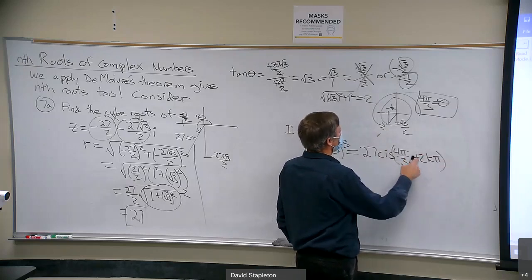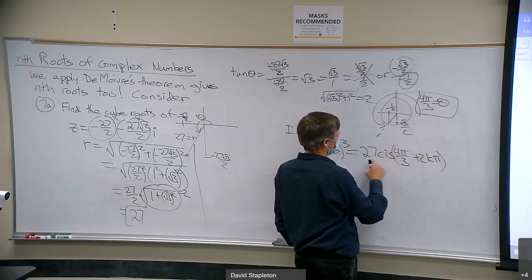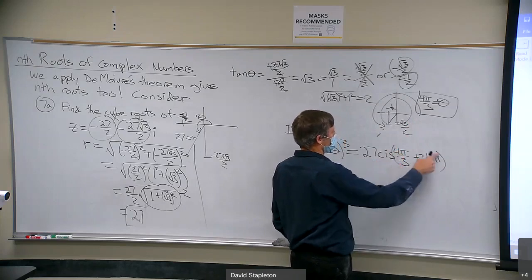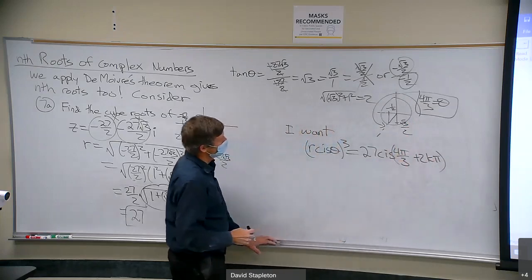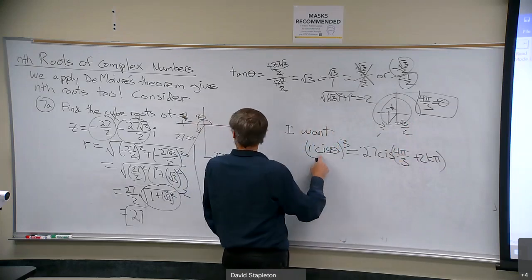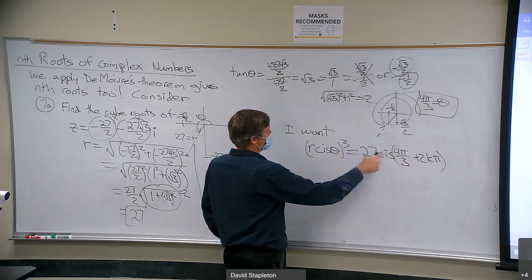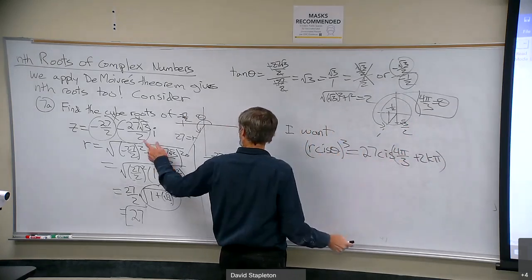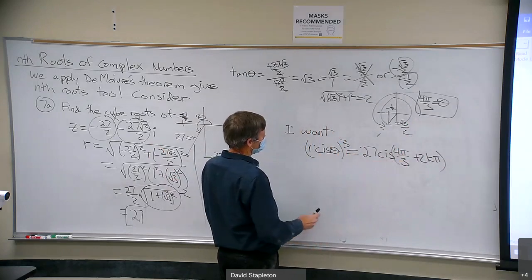So all polar forms for this complex number go to the same point. If you compute cosine and sine of this angle, it's the same. So we want the number z whose cube is this number, the polar representation of z here. How can these things be equal?